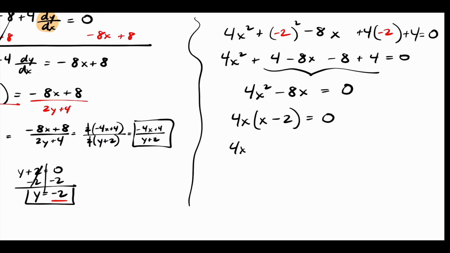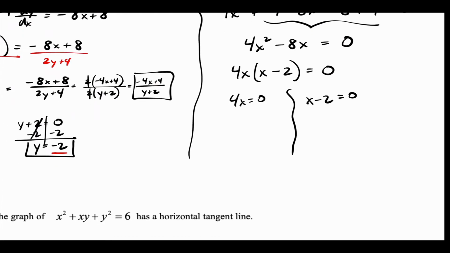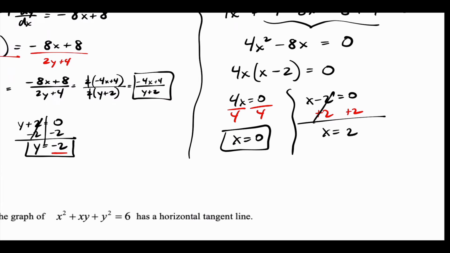Good. So let's set 4x equal to 0 and x minus 2 equals 0. So I divide by 4. Divide by 4. X equals 0. Add 2, add 2.